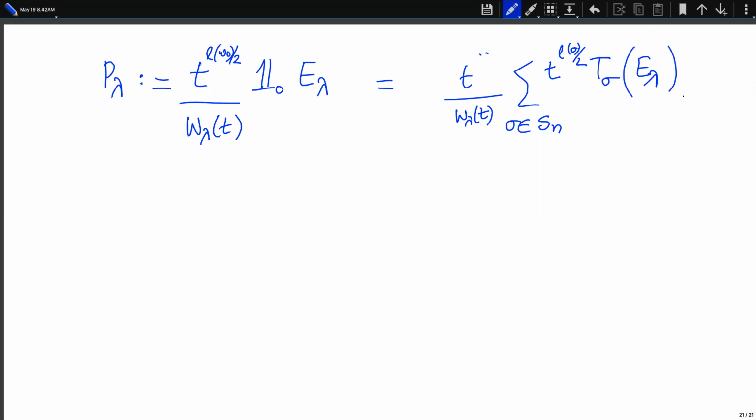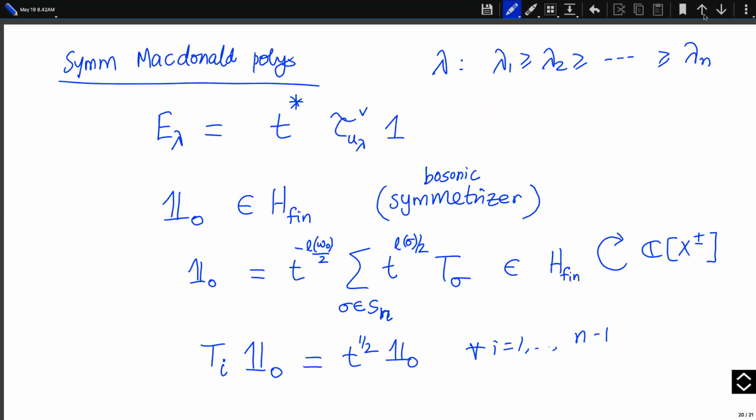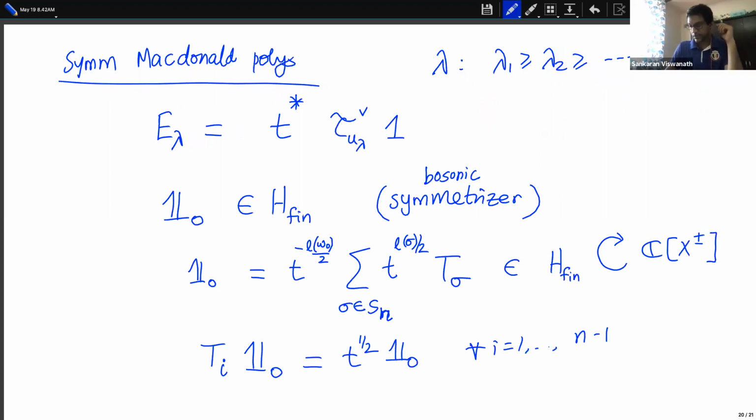So the last line in the previous slide is the relation that holds in the finite Hecke algebra, once you define one. Correct. This is the trivial representation, if you wish, of the finite Hecke algebra. This is actually a representation. You can think of it like that, one dimensional, because of this relation.